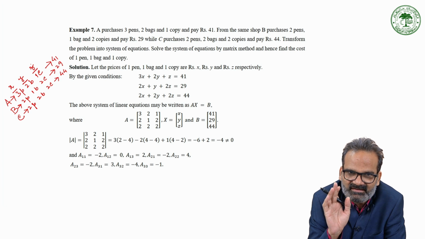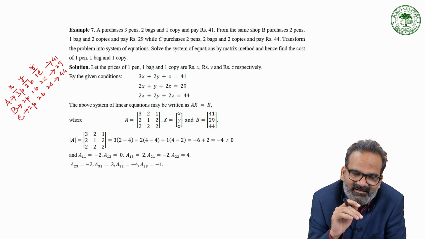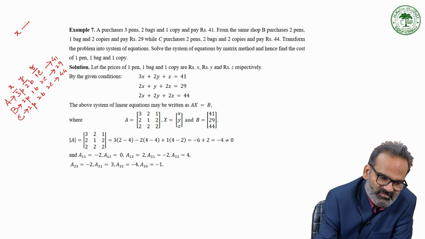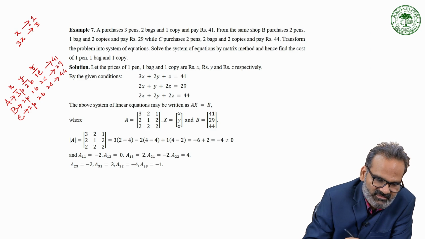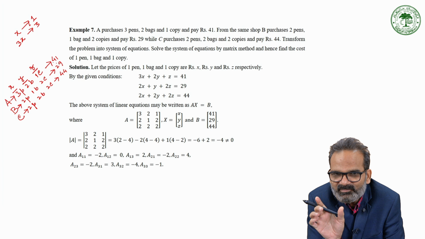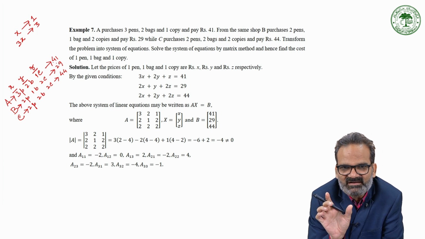Clear? Respectively. So from the given data, if the cost or the price of a pen is x, then the price of 3 pens will be 3x. If x is the cost of one pen, then 3 pens will cost 3x, right? So what we will get here, 3x plus twice of y plus z is equal to 41, because the total cost incurred in purchasing these 3 items is rupees 41.